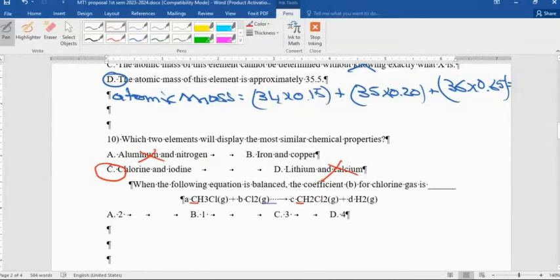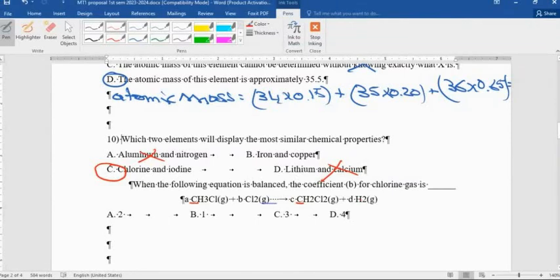How many chlorine do I have here? 2. And how many chlorine do I have here? 3. This is the problem. So how will I do the balancing now? Here something will attract my attention, which is this one. Here I have 6 hydrogen, and here I have 2 and 2.